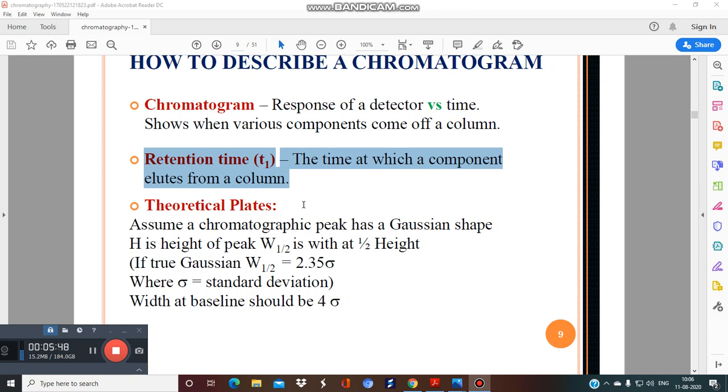Just remember this: it is the time at which a component, or your sample, your mixture or your plant extract, elutes from a column. Some components or mixtures will take time to elute from the column, but some are quickly removed. There are different types of compounds with different polarity, so based upon their polarity they will elute.